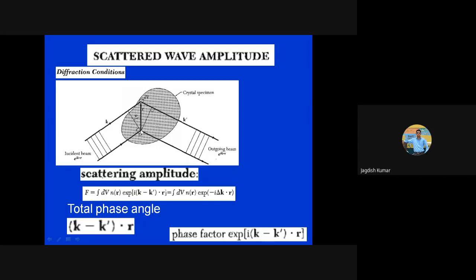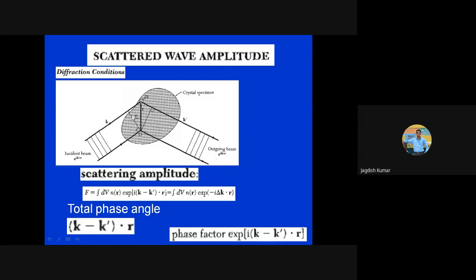This path difference tells you what extra portion of path has to be traveled by this end of the X-ray beam to reach the surface of the crystal. That is the additional path difference.